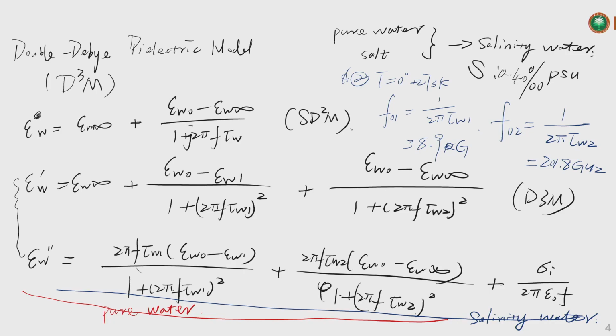And for the double device dielectric model, it does not work over the whole temperature range. For example, for water, its temperature should always be larger than 0 degrees centigrade. If it's below that temperature, it becomes ice.